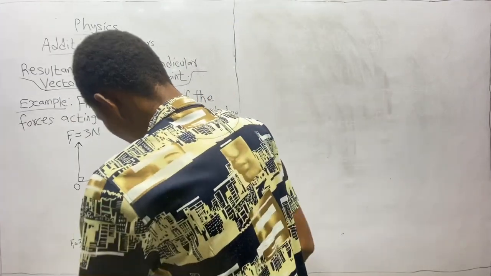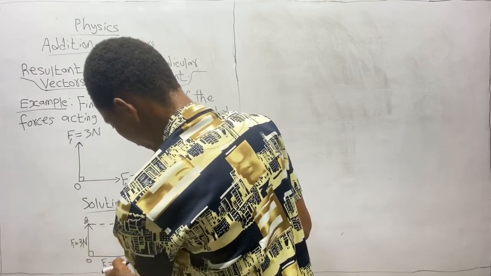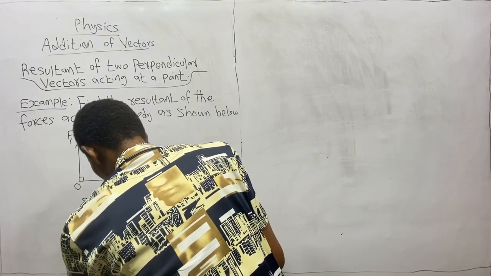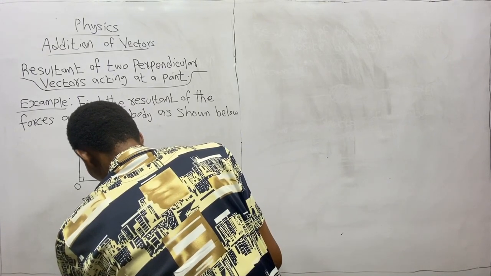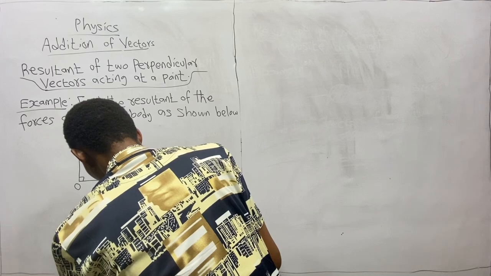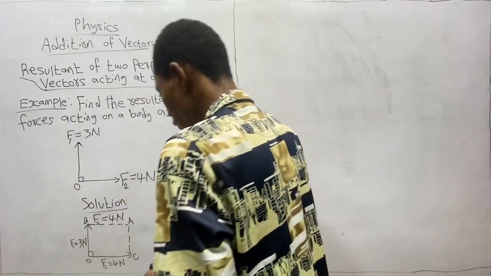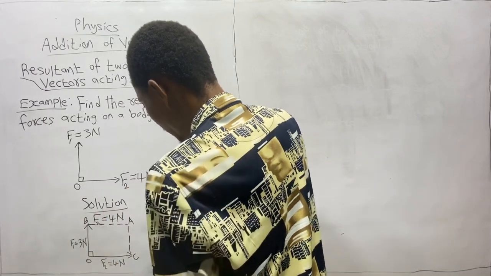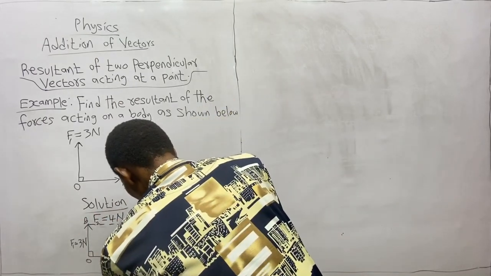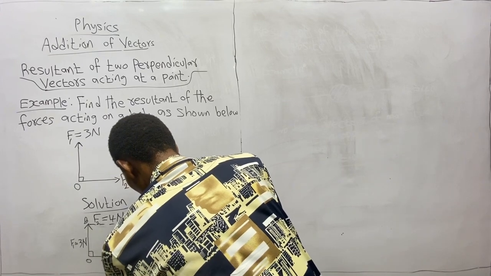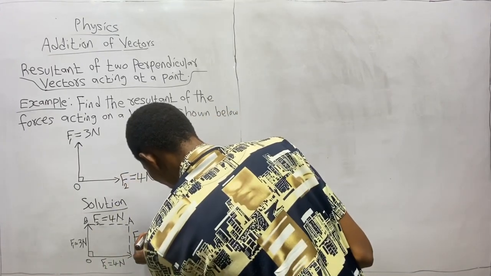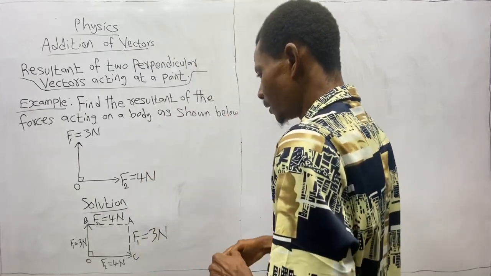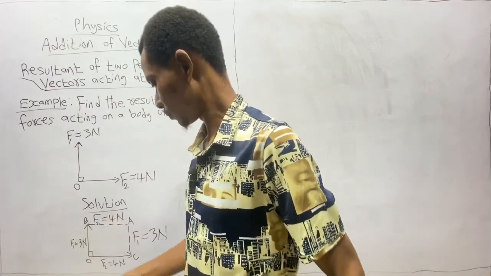So since OC is F2, equal to 4 Newton, BA will also be F2, equal to 4 Newton. Also, since OB is equal to CA, CA will also be F1, equal to 3 Newton.